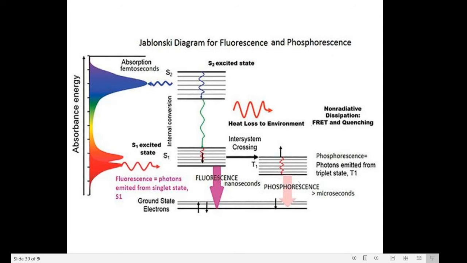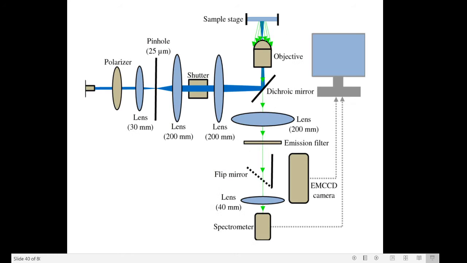Okay, next is another basic example of fluorescence spectroscopy, the fluorescence microscopical image. In this image, there is a sample stage. We place the sample over there. The light is passed through this particular portion.